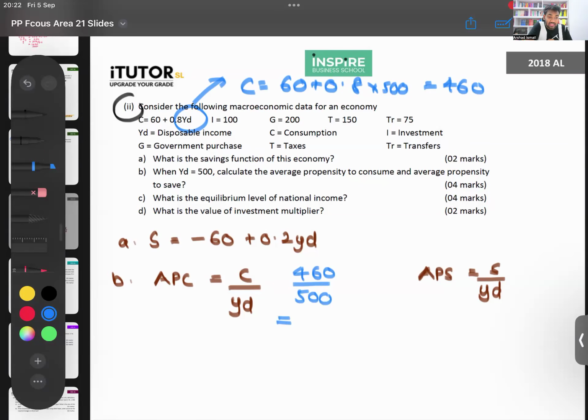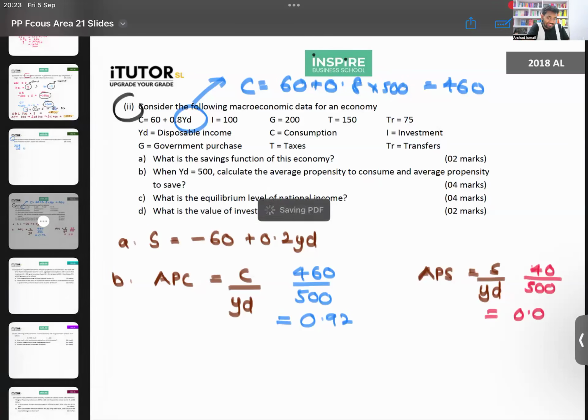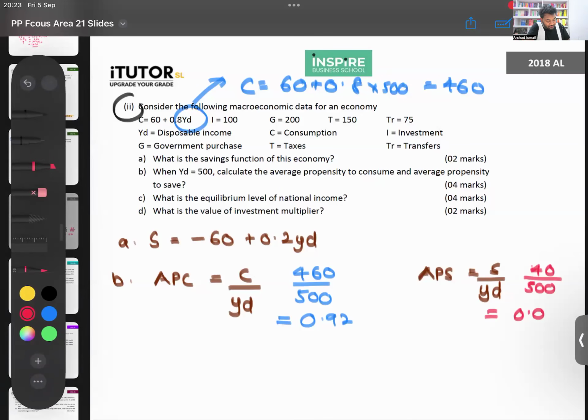First you have to show the equation or the workings, 0.92. So if from 500 my consumption is 460, how much is my savings? My savings has to be 40, right? 40 over 500, how much do we get there? 0.08. That is 4 marks there, easy as ever.